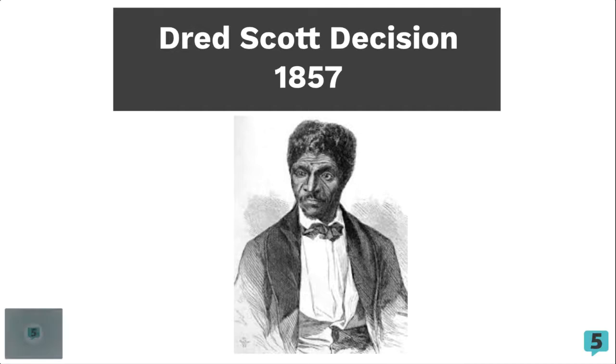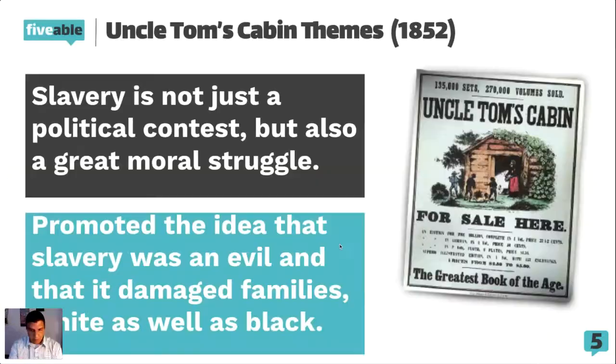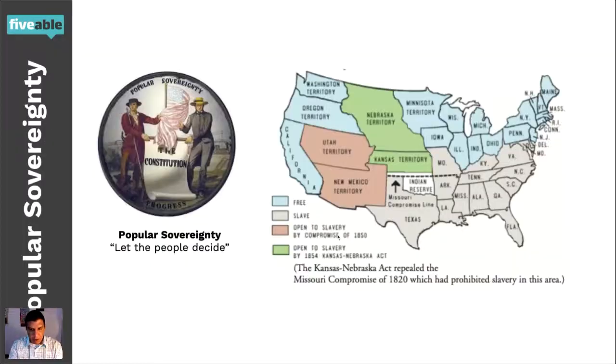So Dred Scott is a slave, and he is a slave that's living in Missouri. Okay, so let me go back to this map right here. Dred Scott is living right here in Missouri. Is Missouri a free state or a slave state? Okay, perfect.